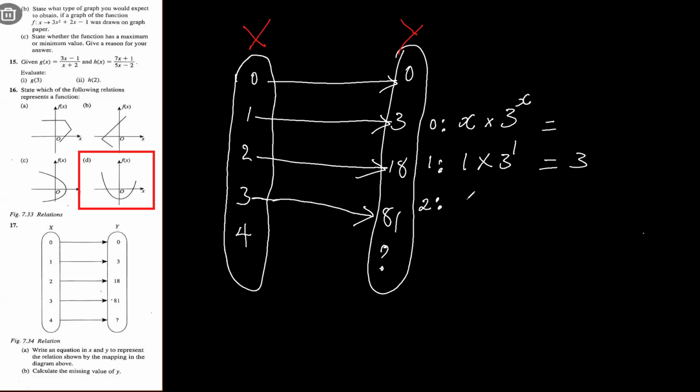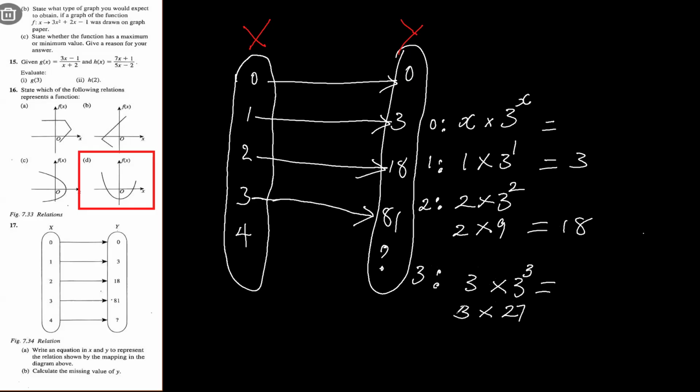So for 2, it will be 2 times 3 to the power 2. 3 to the power 2 is 3 times 3 is 9, times 2 is 18. If you do it for 3, it will be 3 times 3 to the power 3. 3 3s are 9, 9 3s are 27, times 3 is 81.